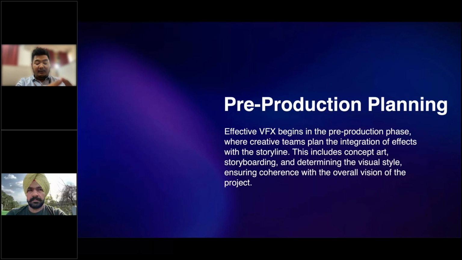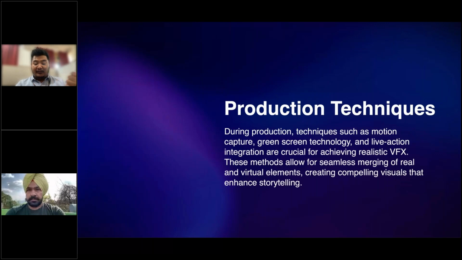Then you proceed to your next stage, that is your production phase, where in the initial stage we have decided this is my thought process, I have visualized it, I have created a storyboard. Now, after completing the pre-production phase, I've decided this is the technique which I'm going to follow.